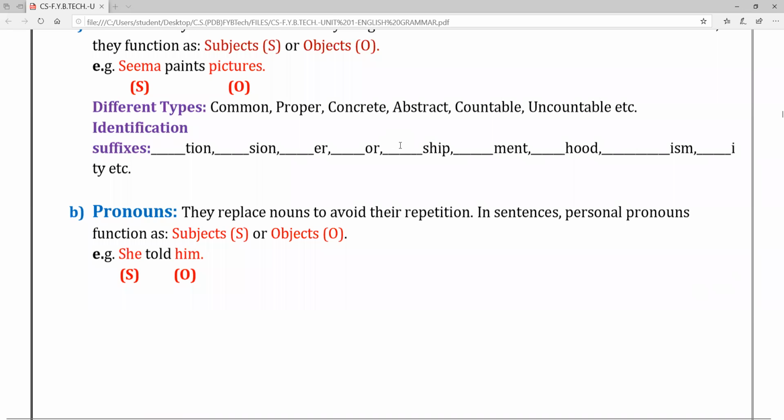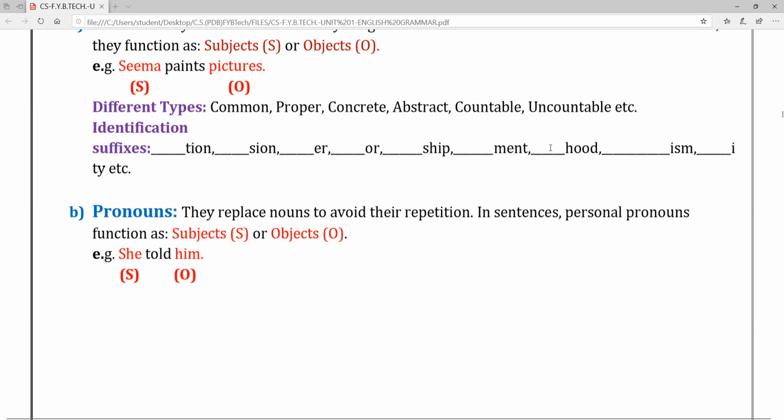If friend is the root word, and we add ship, it becomes friendship. If move is the root word, and we add the suffix ment to it, then it becomes movement.